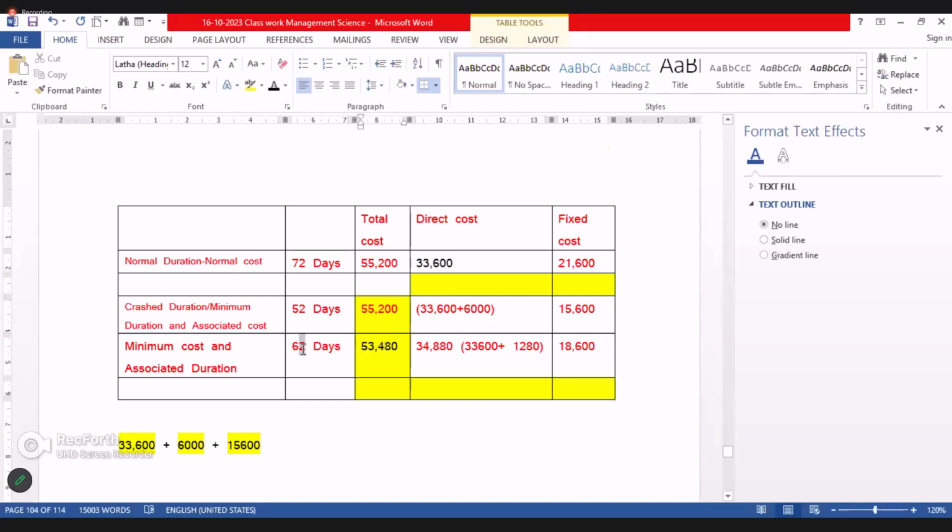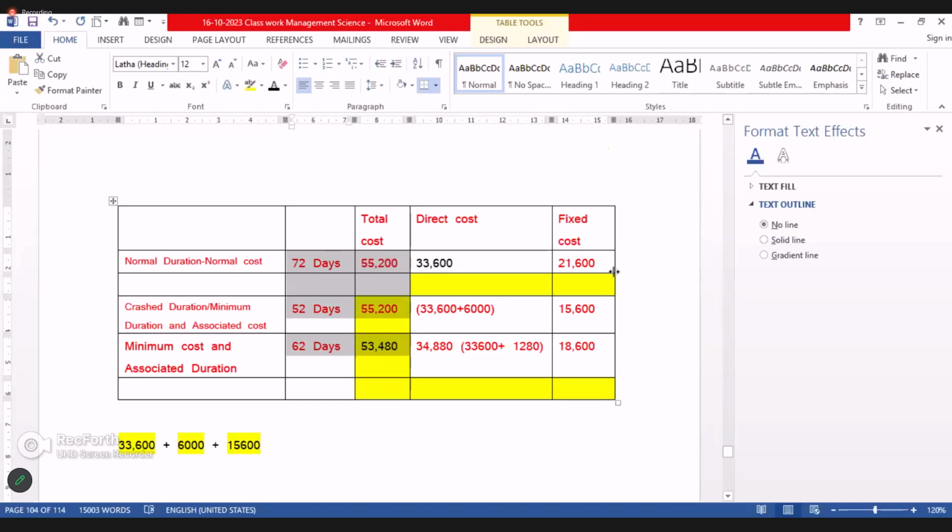If you consider days to be very important, duration is important, therefore 55,200 is an advantage point. Ultimately there is a trade-off between cost and duration. That's the summary. 72 days, 55,200. Why does it happen?